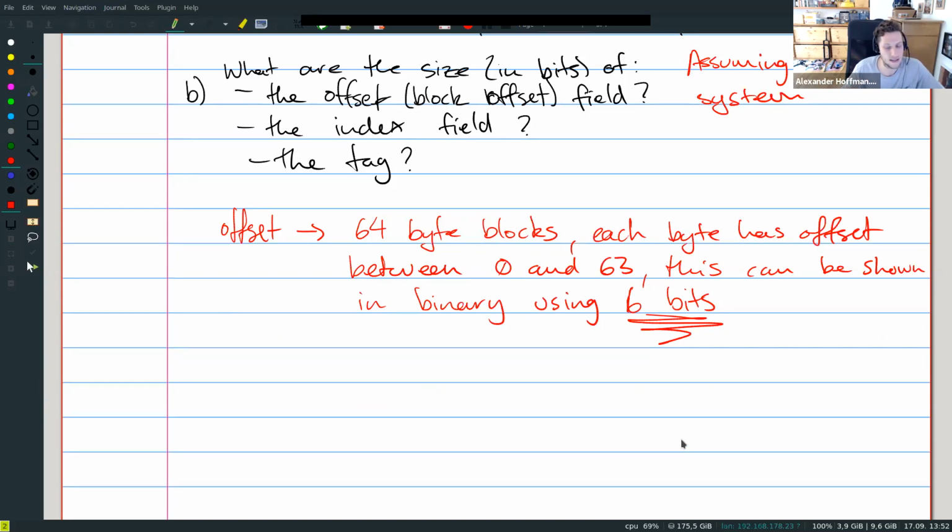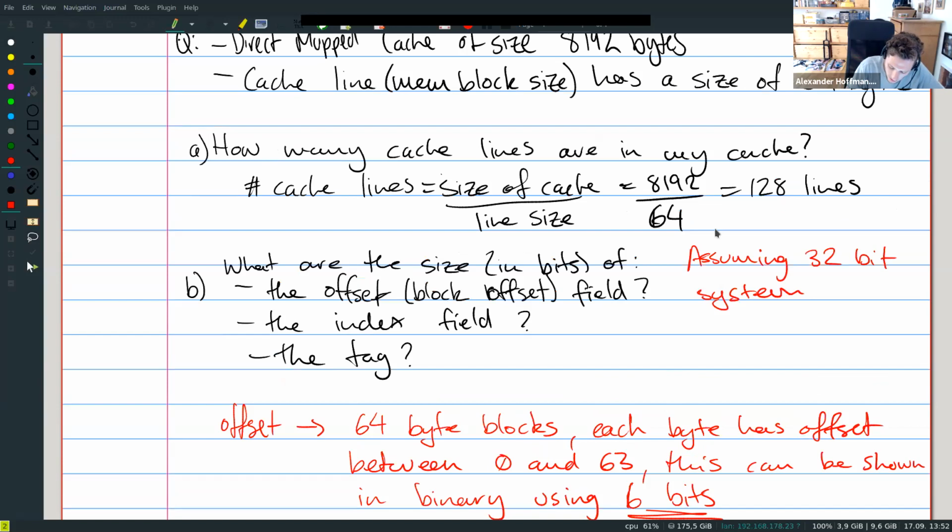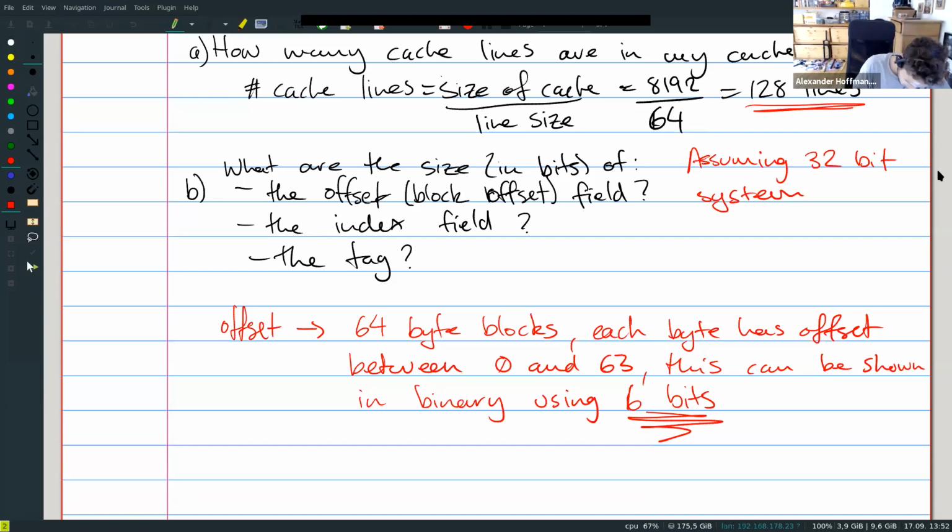Now, the index. We've calculated that we have 128 lines, and so we do the exact same thing.